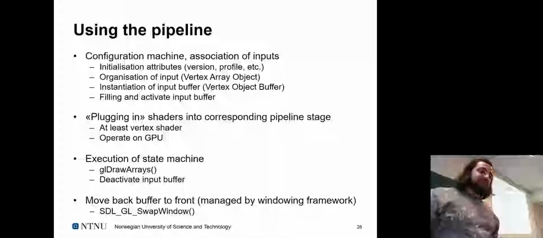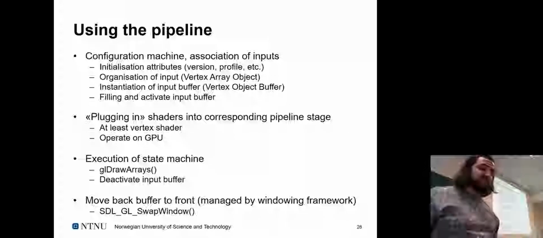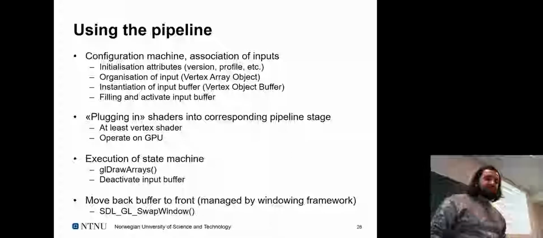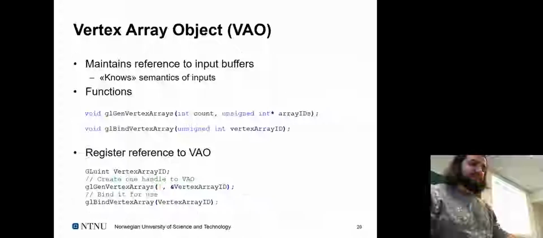In this case, this function is an SDL implementation, but if you are using other solutions, you have to find the corresponding function in GLFW or whatever to swap them. It depends on whatever windowing you are using for your solution, but this is just an example from SDL, the GL swap window function.